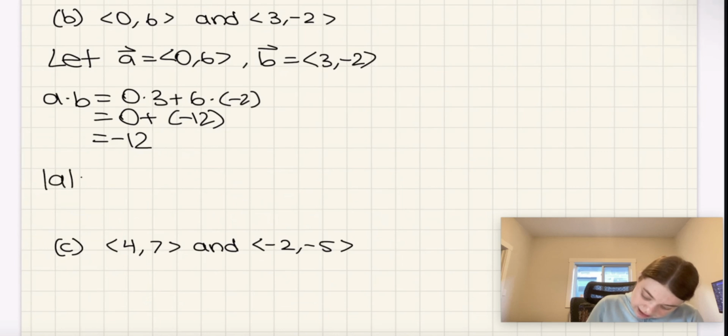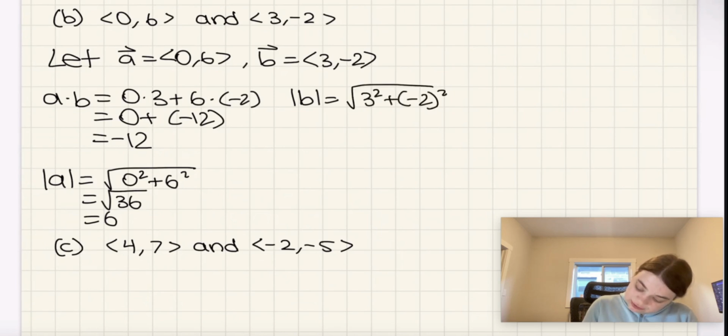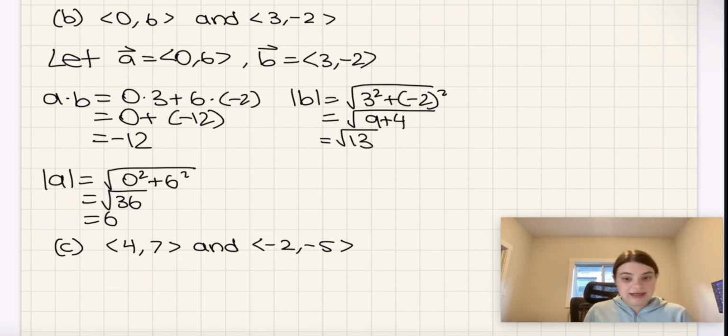The magnitude of A is the square root of 0 squared plus 6 squared, which is the square root of 36, which is 6. And then the magnitude of B is equal to the square root of 3 squared plus -2 squared, which is equal to the square root of 9 plus 4, which is equal to root 13.